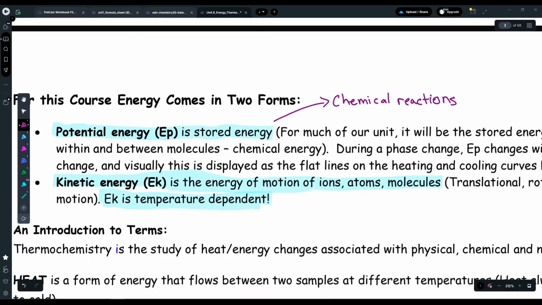Whereas kinetic energy is going to be talking about substances that don't necessarily undergo a chemical reaction, but do undergo a temperature change.